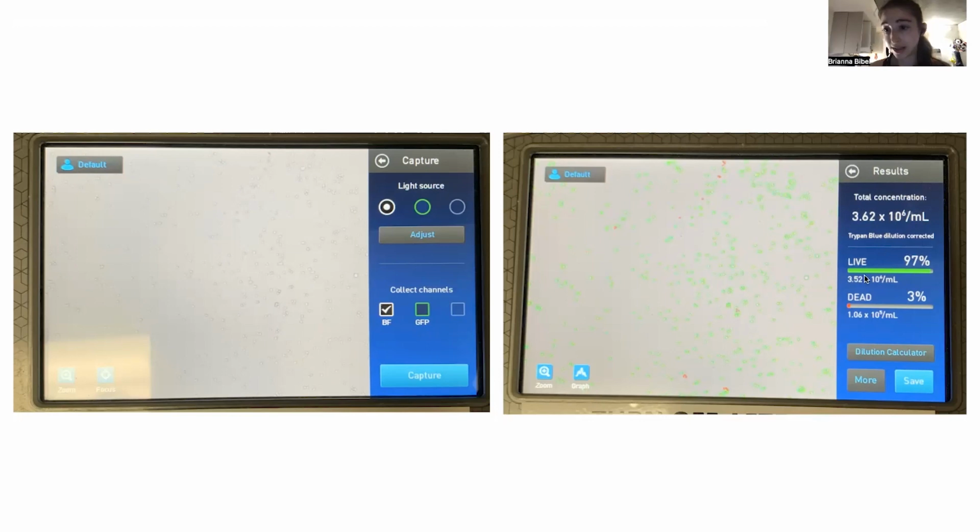So now it has this corrected, and you can see that there's 3.5 times 10 to the 6 viable per mil. This was the number that I would then use to do the calculations to figure out how much to add to whatever volume I want in order to seed my next experiment.